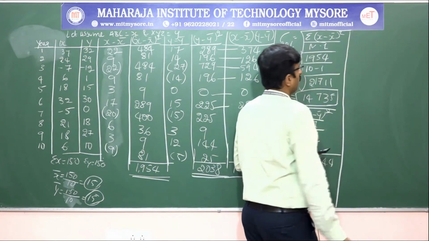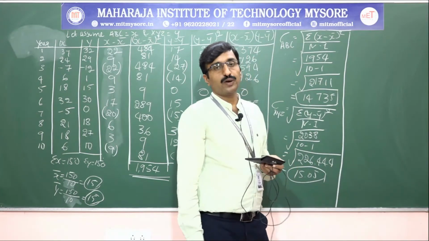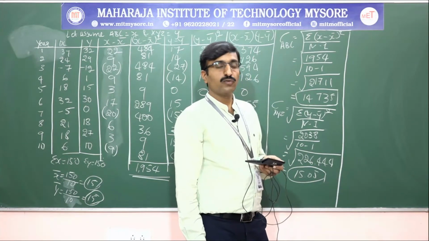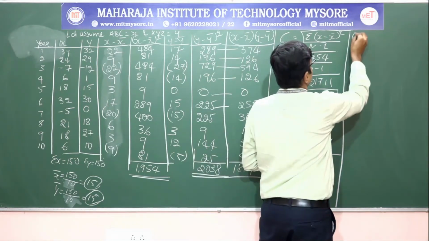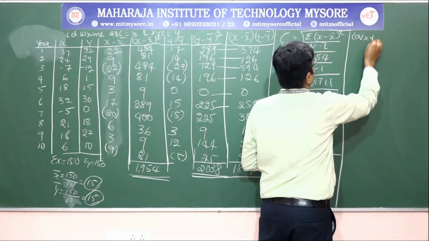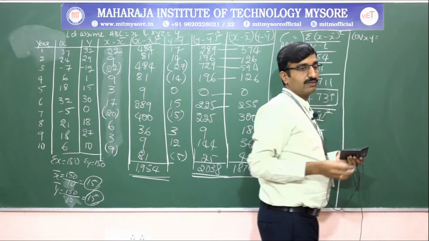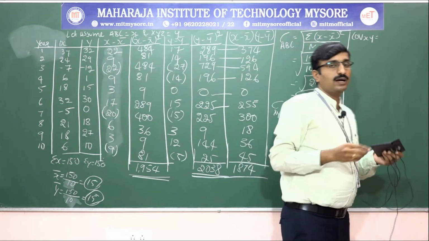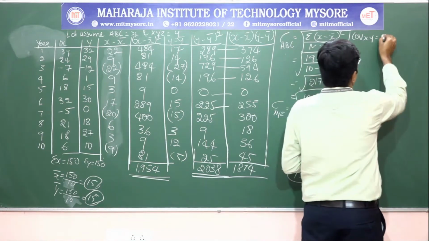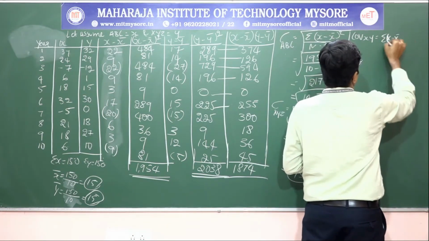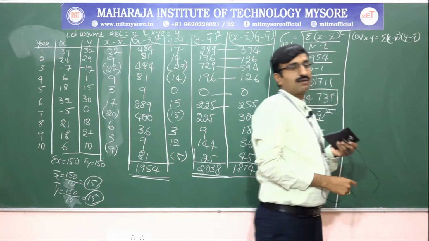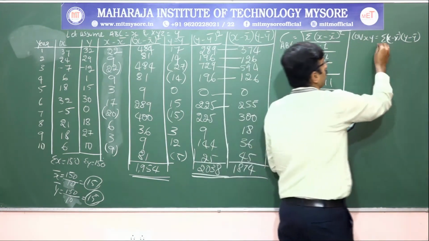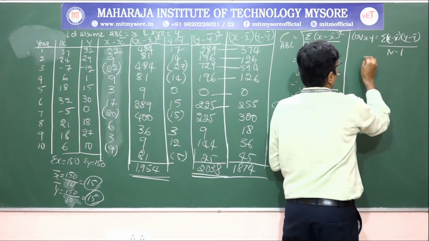In the correlation coefficient calculation, we have to find the covariance of XY. Covariance of XY is equal to, already I have given you the formula, sigma (x minus x bar) into (y minus y bar), divided by n minus 1.